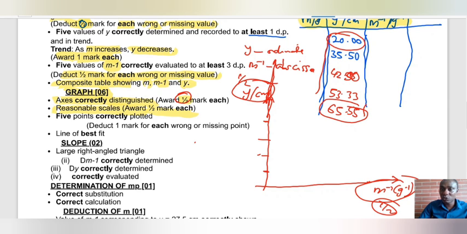You can extend it up. But what I can do is choose, let's say, 2 cm to 10. So this will be 10, this would be 20, this will be 30, 40, 50, 60. I can extend it to 70. So this is a proper scale. This is just a rough scale.